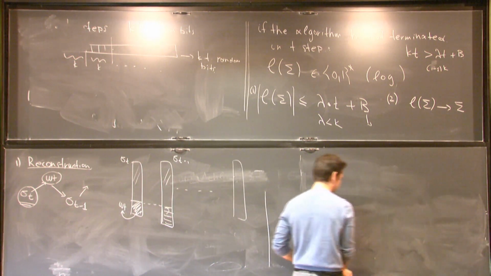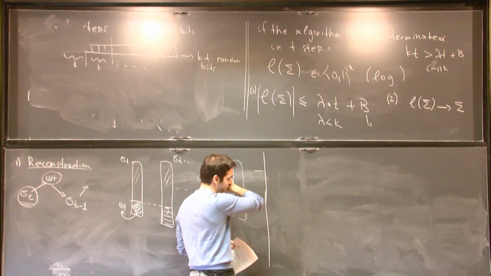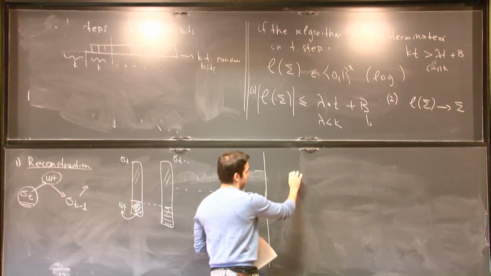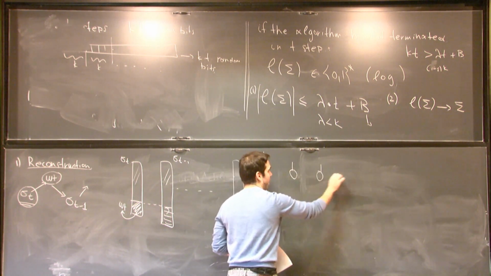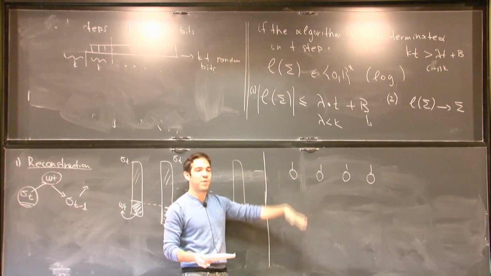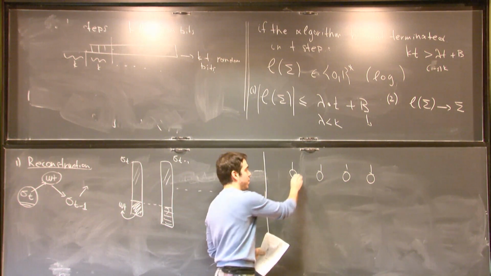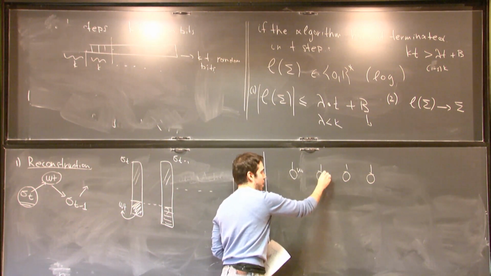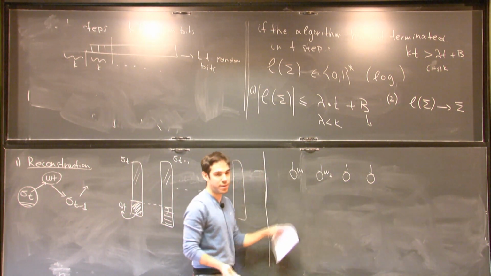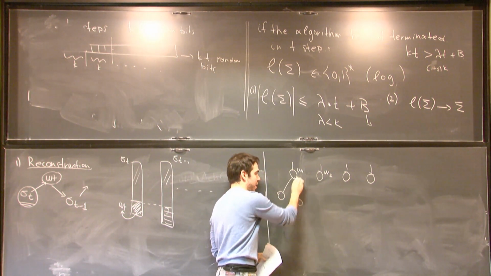So here's how we encode the sequence. What I'm drawing here is the recursion forest of this procedure. This is a forest that has one node for each clause I ever resampled, and it follows the recursive algorithm.